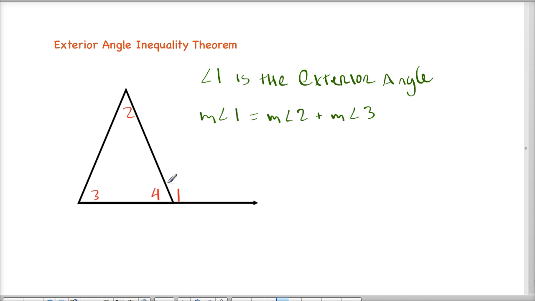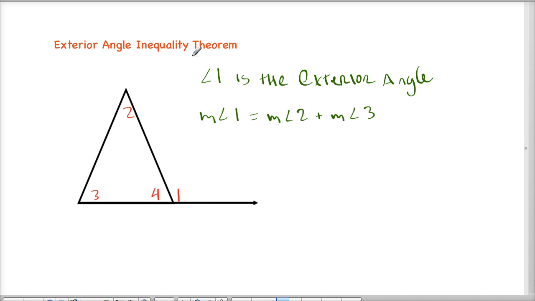And then what we know about linear pairs, that the measure of angle 1 plus the measure of angle 4 equals 180. And then since both of those equations equal 180, we could set them equal to each other, subtract the measure of angle 4 from both sides, and you'd end up with this. Measure of angle 1 equals measure of angle 2 plus measure of angle 3. Great. Okay, so that's a little refresher.